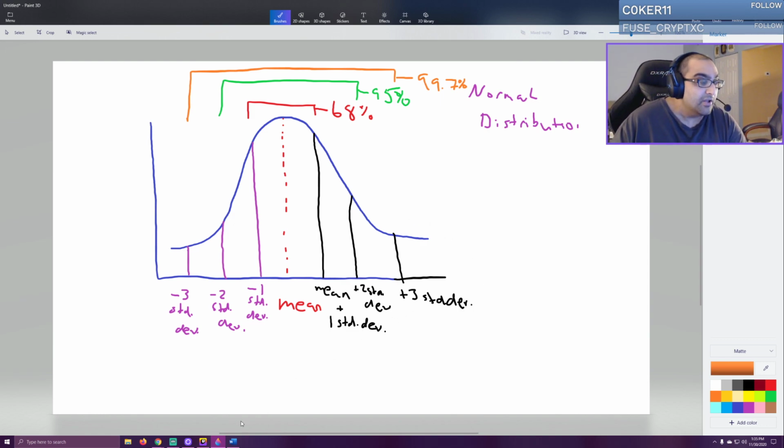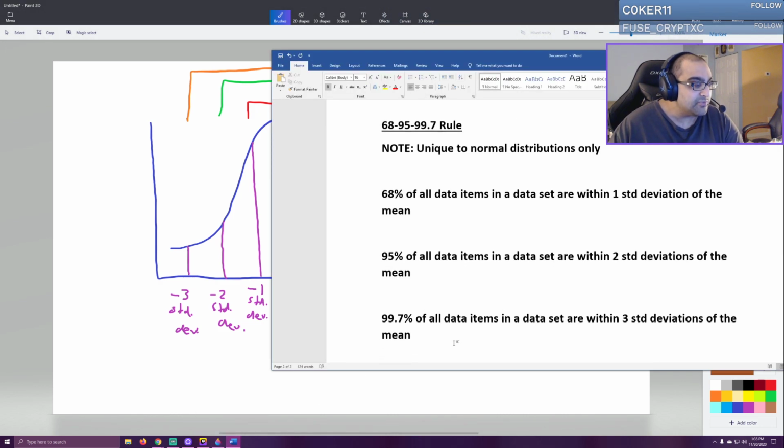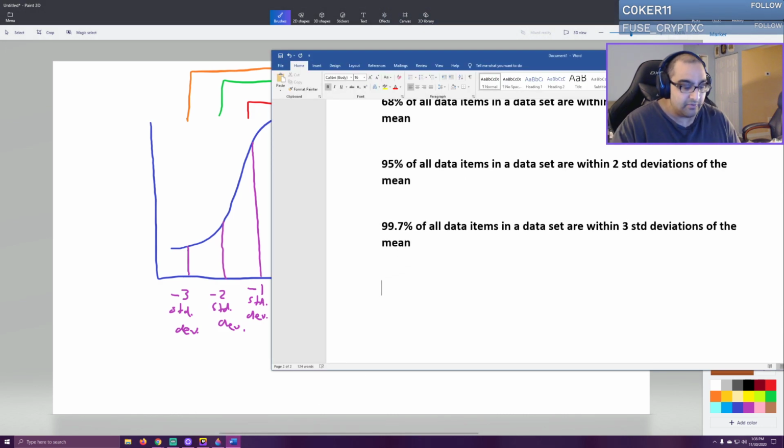Now, other things to keep in mind, something very important. Here's what's nice: because it's a bell curve, that's what the normal distribution looks like, it's also very predictable. So much so that one thing we're going to take to the bank is that the normal distribution is symmetric about the mean.